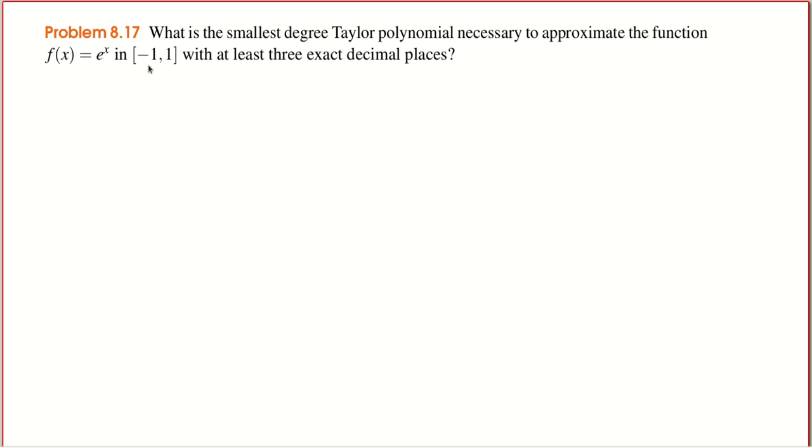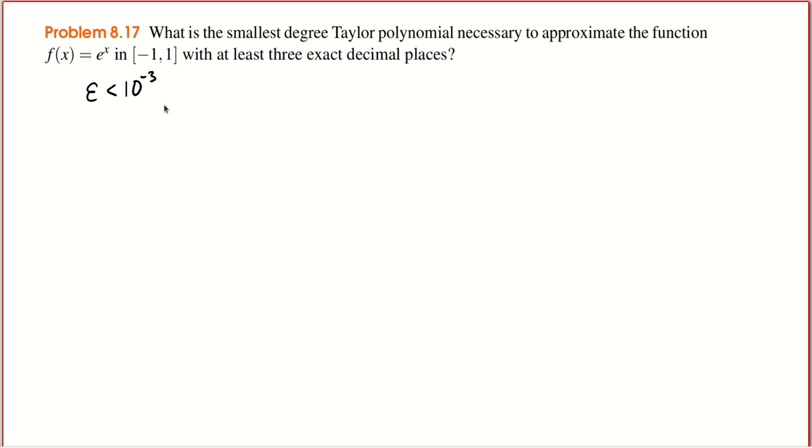What we want to do is to choose the smallest degree for the Taylor polynomial that is necessary if we want to approximate these exponentials at any point of this interval with an accuracy of at least 3 decimal places. So the error needs to be smaller than 10 to the -3. An error smaller than this guarantees that at least 3 decimal places are exact.